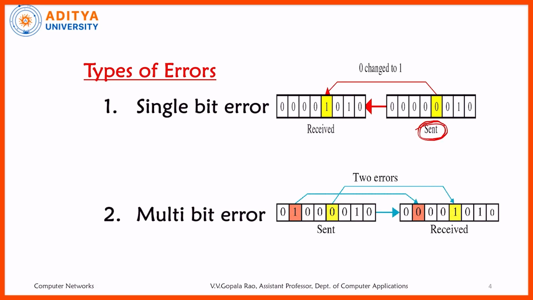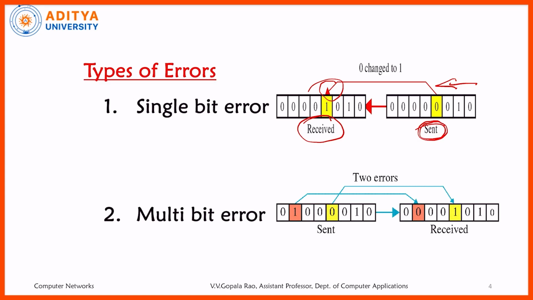If you start from the right side, at the fourth position there is a 0, and once it comes to the receiver side, that position is altered from 0 to 1, which is indicated with a red arrow mark. That is why this change of bit value is referred to as an error or a corruption. It happened with respect to a single bit, so this error is referred to as a single bit error.